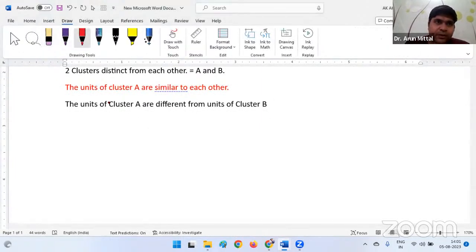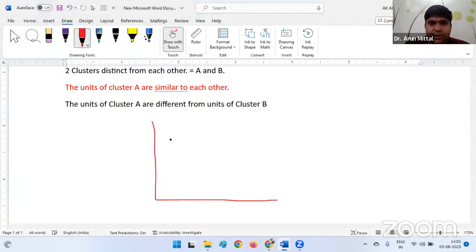If I roughly draw a kind of diagram of data points, suppose I have data points like this. It does not matter how many units are there in the cluster.